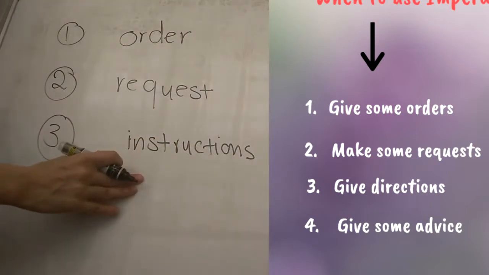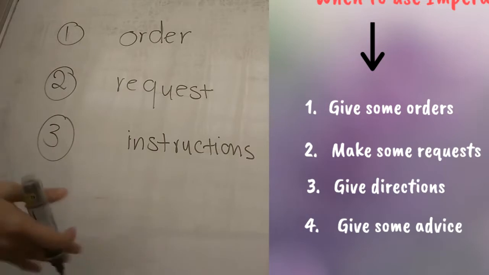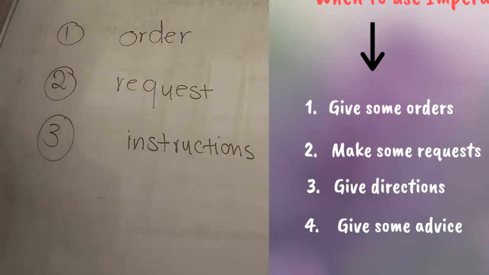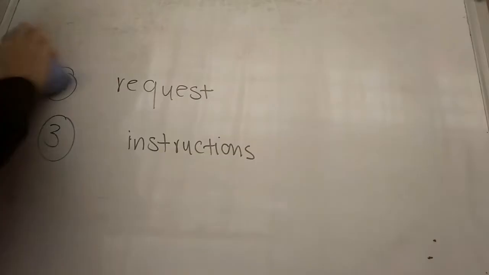Instructions here are connected with directions. For example, if someone asks you about the way, you will simply say go straight, turn right, turn left, walk a few blocks. Basically, you will be just using verbs in the sentence. These are the things related to imperatives.